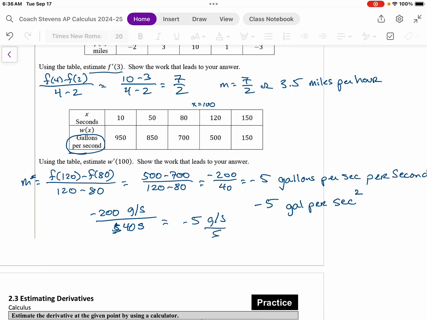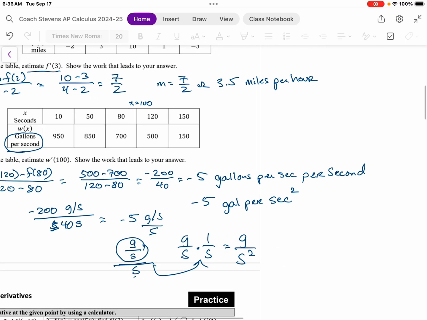And so just looking at the units, it's gallons per second, so that's gallons over seconds times 1 over seconds. And that's where we get the gallons per second squared, because that's technically saying the fraction divided by that. So then we would do keep, change, flip, and that would allow us to multiply the seconds together. I think this is some way we will see things phrased on multiple choice problems down the road. So writing it in that fashion will help trigger us at times for some answer choices.